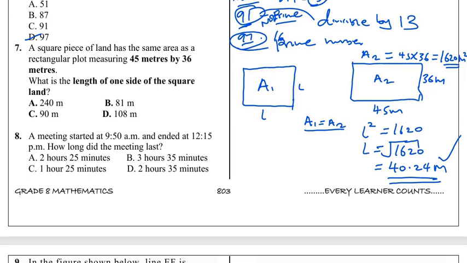That is actually the right choice. A square piece of land has the same area as a rectangular plot measuring 45 by 36. What is the length of one side of the square land? It should be 40.24. So meanwhile, we don't have a correct choice here. The correct choice is 40.24.